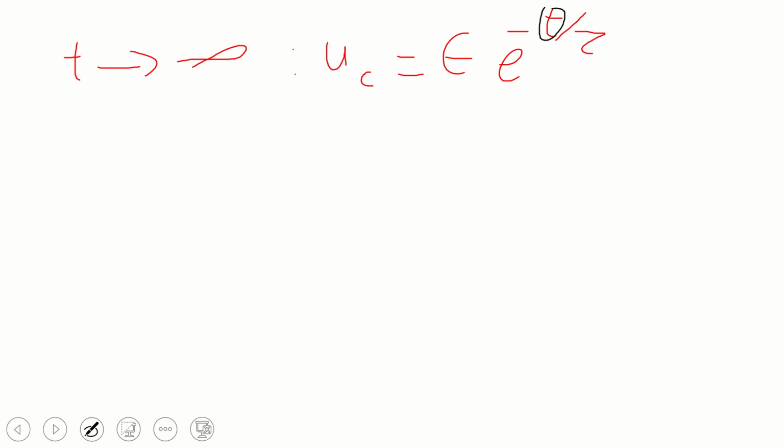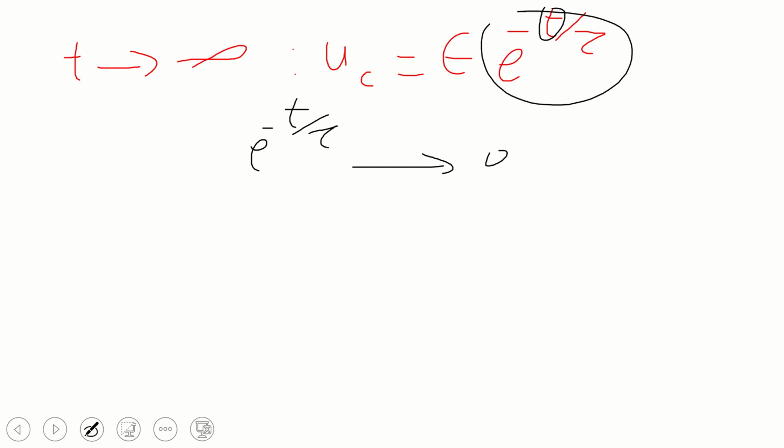And when t tends to infinity, UC is equal to E exponential minus t over tau. When this time tends to infinity, exponential minus t over tau, it means exponential minus infinity, tends to 0.